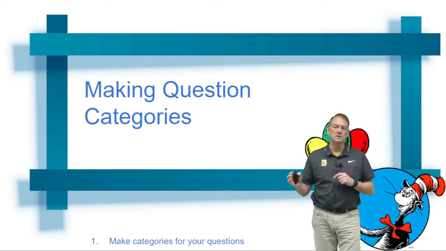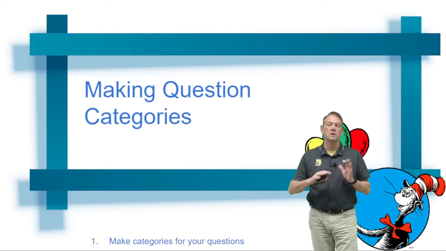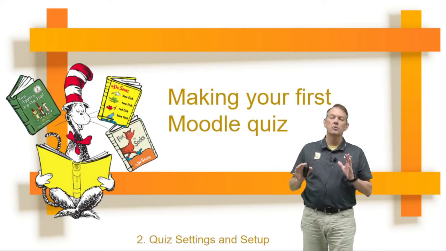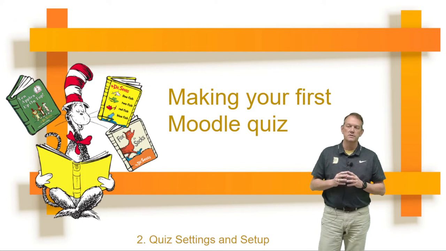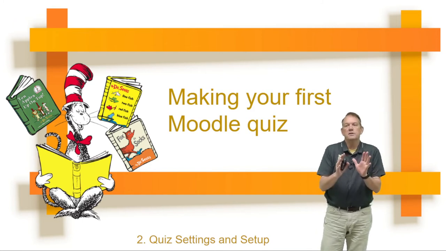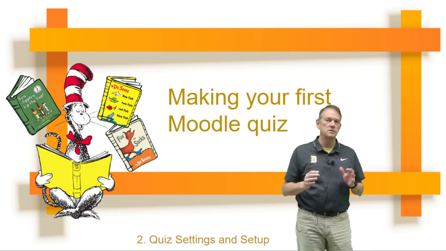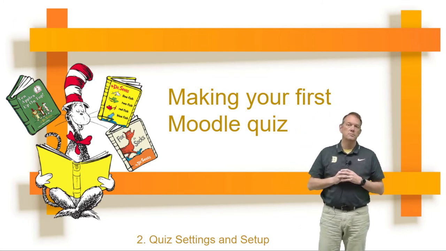So the first thing is to follow this little short video on how to make categories for your questions in your course. After that, this video is on how to make your first quiz. And really, once you've made your first one, this one goes through all the settings that are available on a quiz. And there's a lot of options available on a quiz.